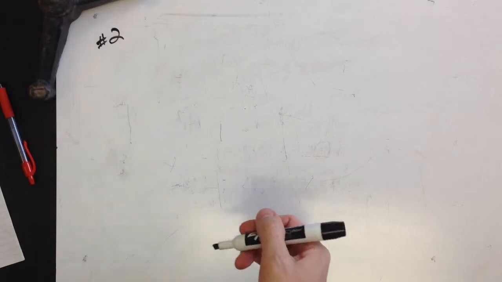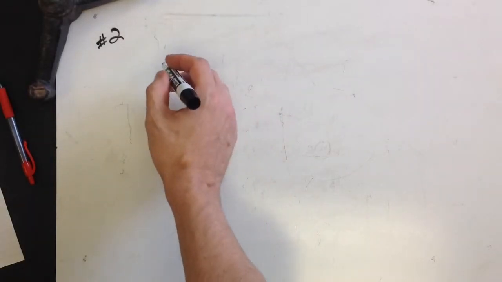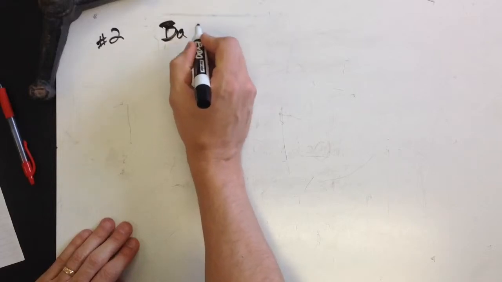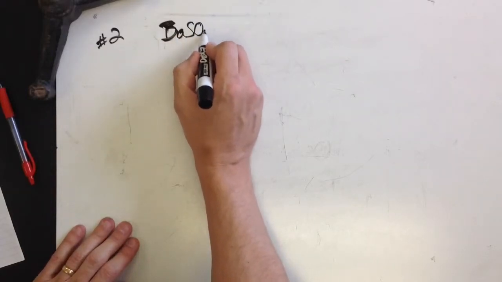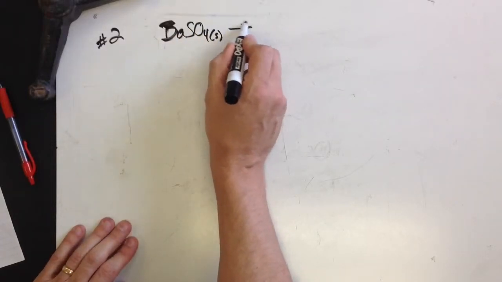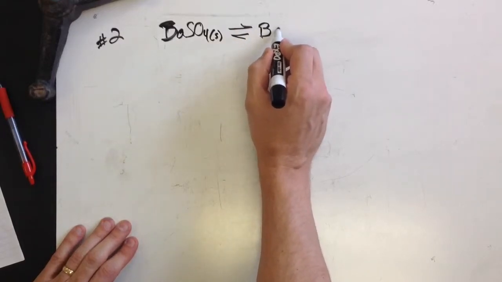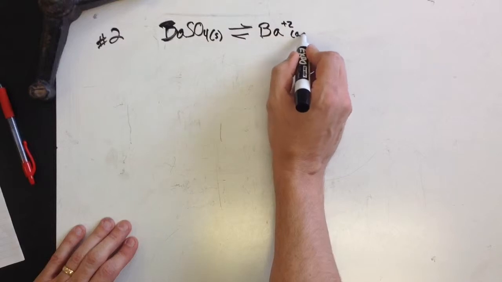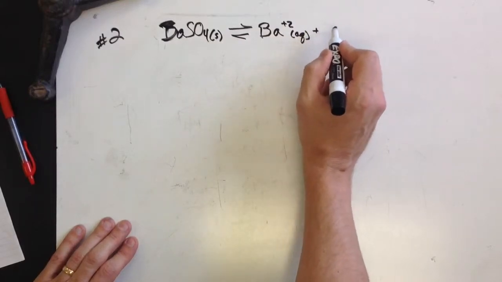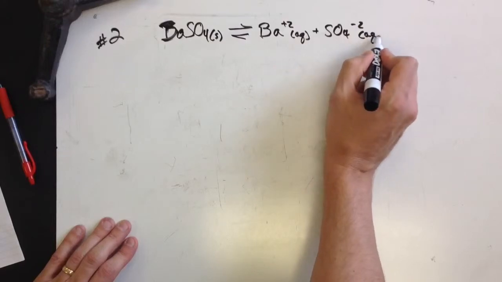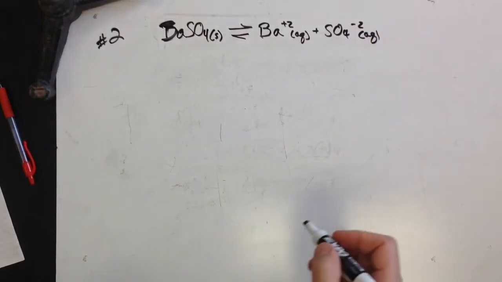So the first thing we need to do is obviously start with a balanced chemical equation. So we've got barium sulfate, and that's solid, in equilibrium with Ba2+ aqueous and SO4 2 negative aqueous ions. Okay?